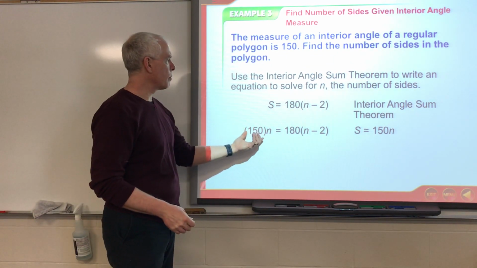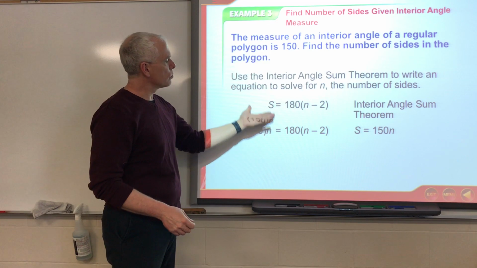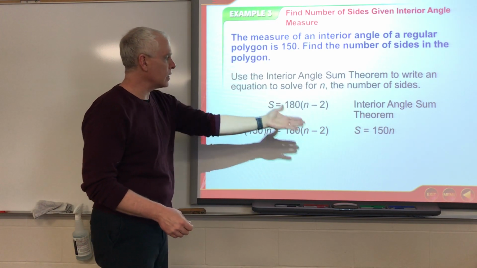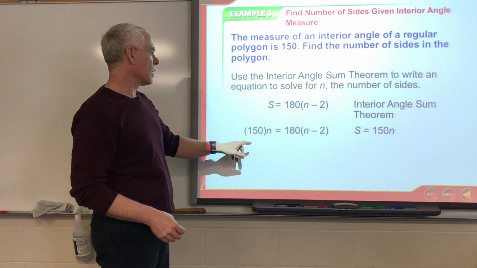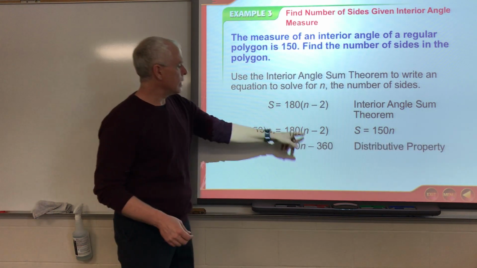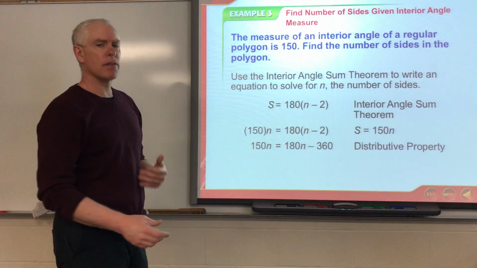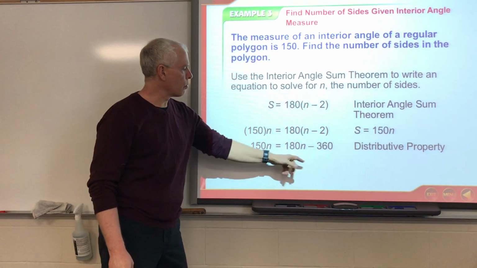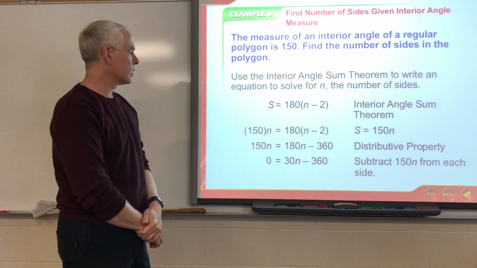So they're going to multiply by 150 in order to replace S with that. So 150n and S are equivalent here, okay? I can distribute the 180 and get 180n minus 360, and then I have a little bit of algebra to do. I've got to move over the 150n and then the 360 to the left side.